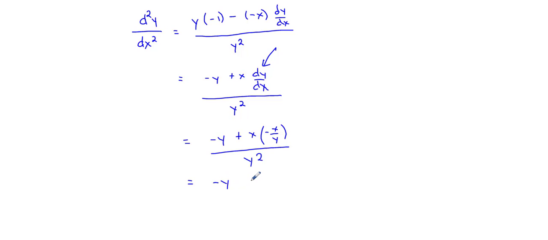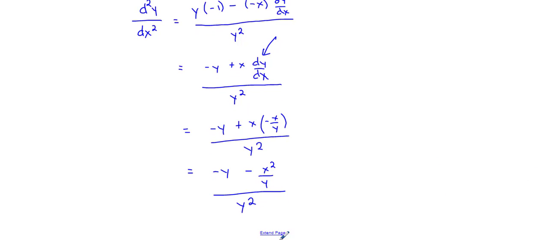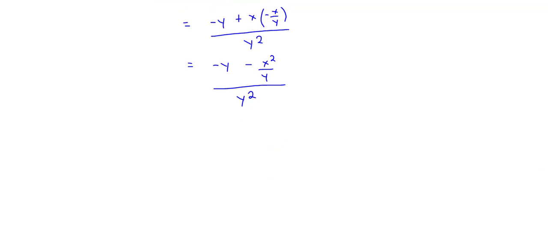Negative y, will that be minus x squared over y now? All over y squared. Well, look at us. We're going to be combining some fractions, common denominator. So we need a y over y here, right? So that'd be negative y squared minus x squared all over y then. All over y squared.